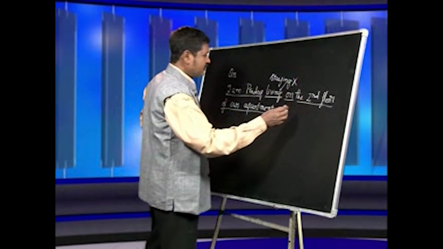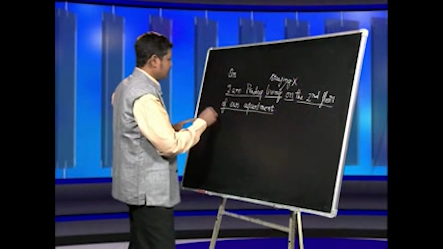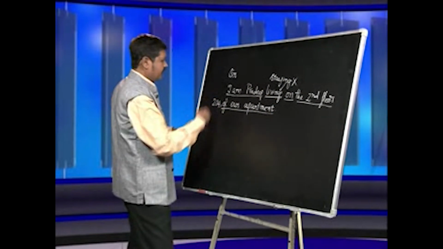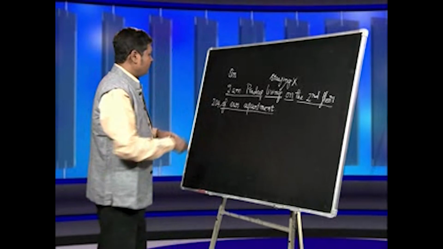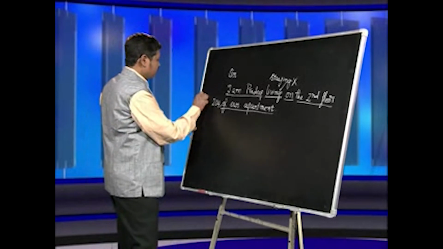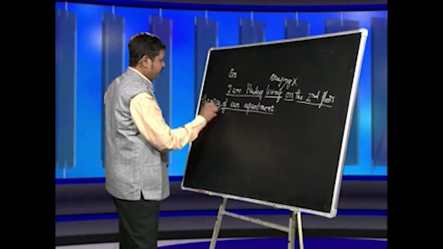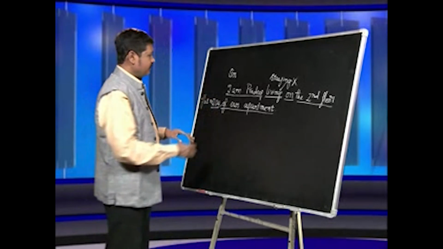On the second floor, you can also mention 204. Living on the second floor, flat number 204, of our apartment.